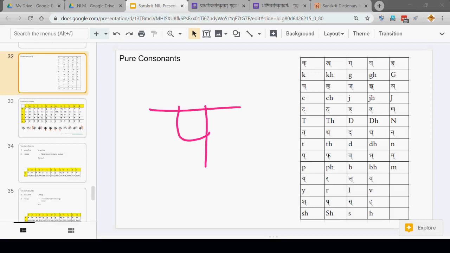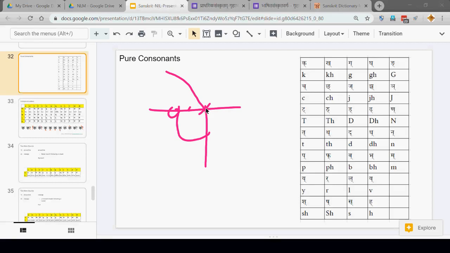Write the base symbol first, and then the slant line at the top touching this part, not this part, not anywhere in between. It should touch the second part where the consonant touches the horizontal line.